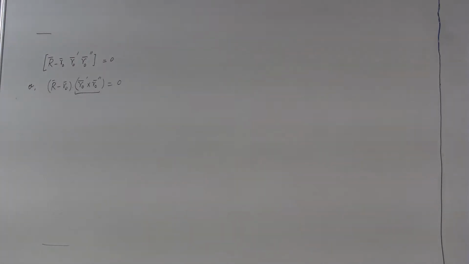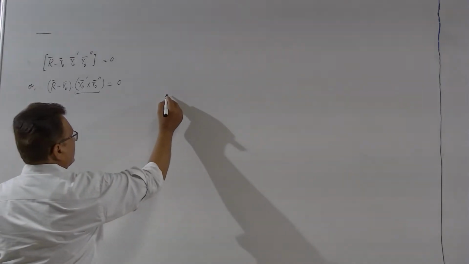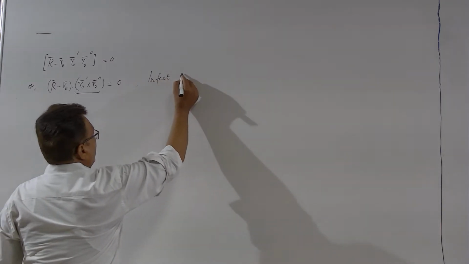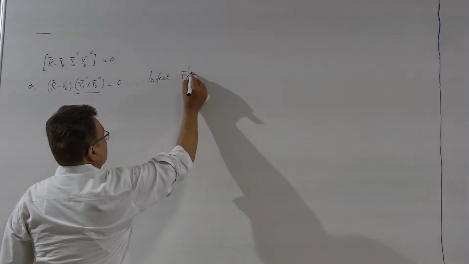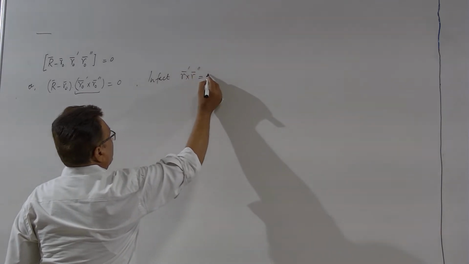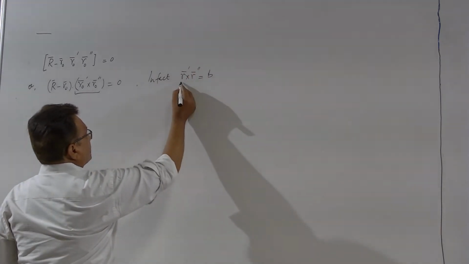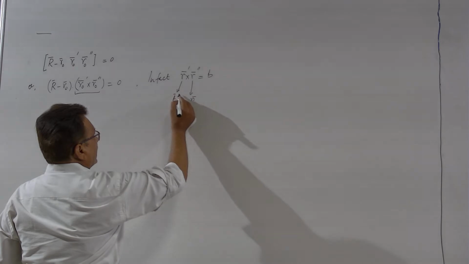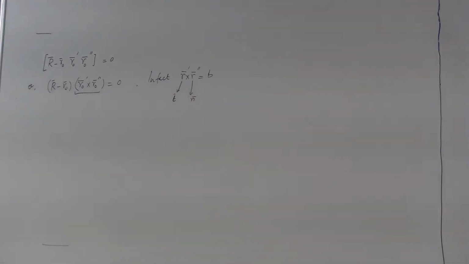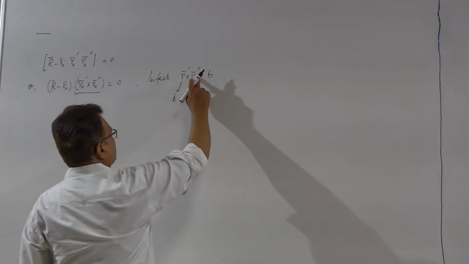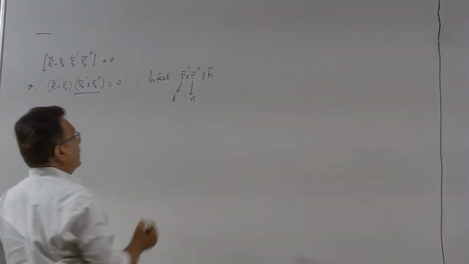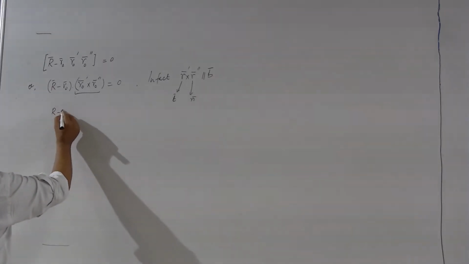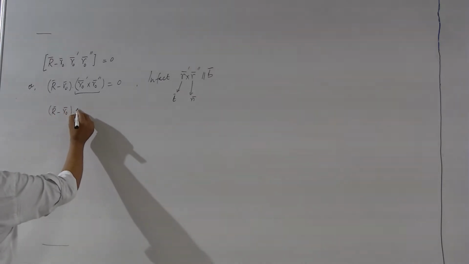It is in fact the vector b, because this is t and this is parallel to n, and t cross n is parallel to b. So, the equation of the oscillating plane will become r minus r 0 dot b equal to 0.